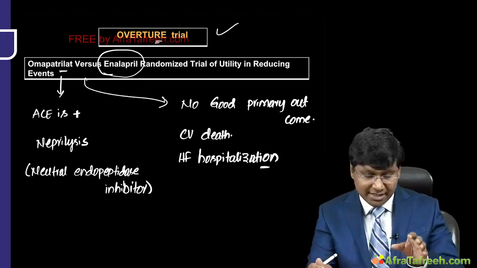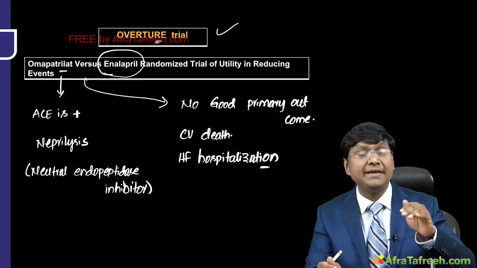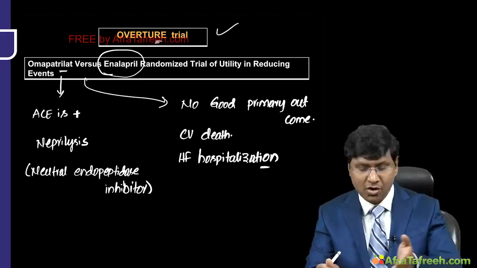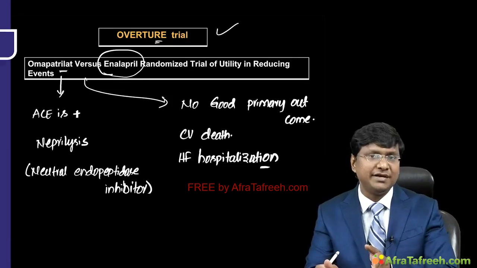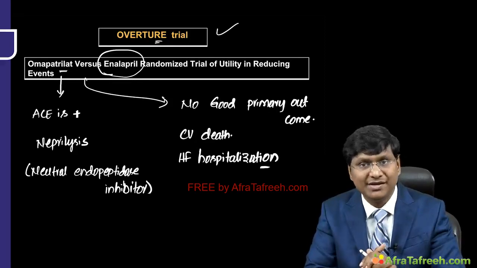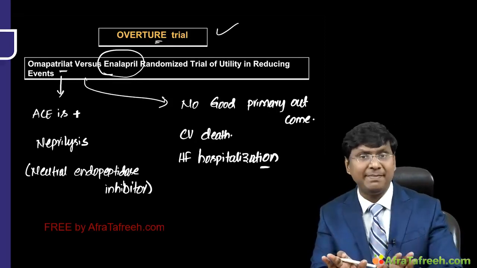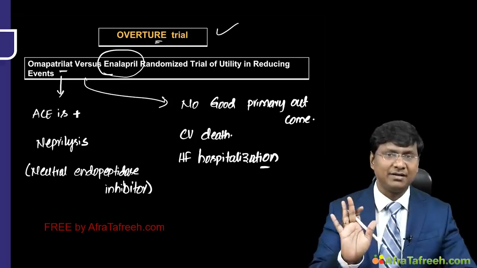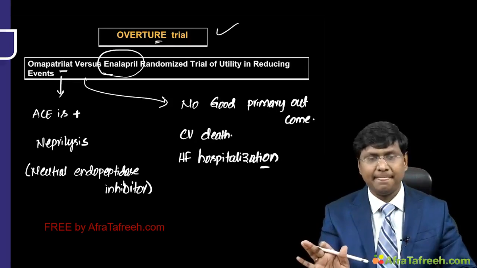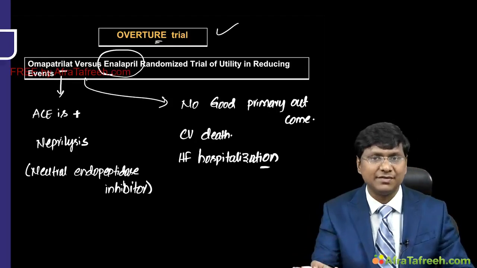This omapatrilat did not show any particular favorable influence on the cardiovascular death of the individual or on the heart failure hospitalization. So what has been shown is, rather than giving omapatrilat, just give enalapril. That will be fine in reducing the mortality and improving the survival.